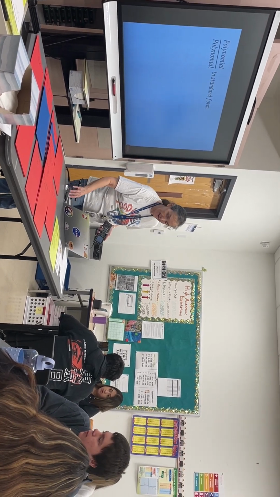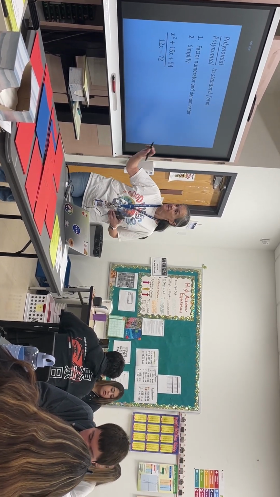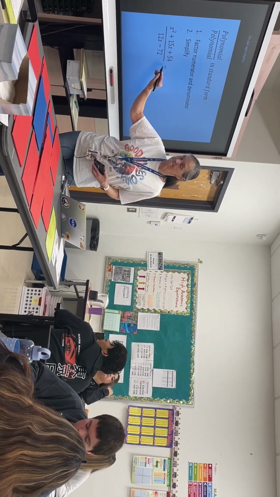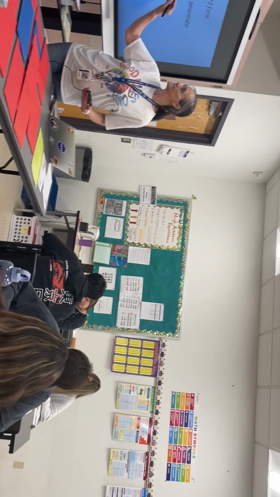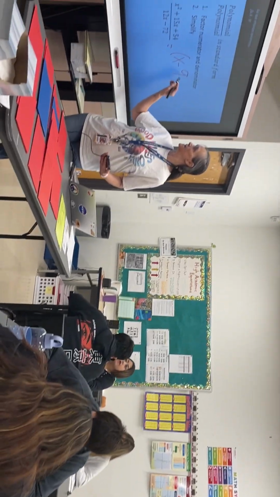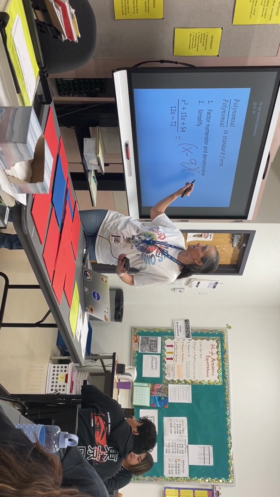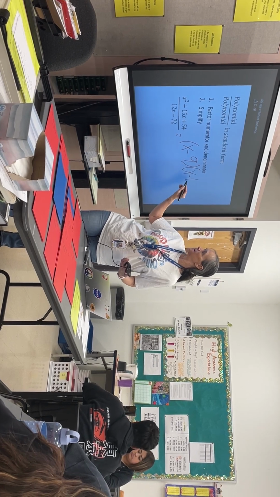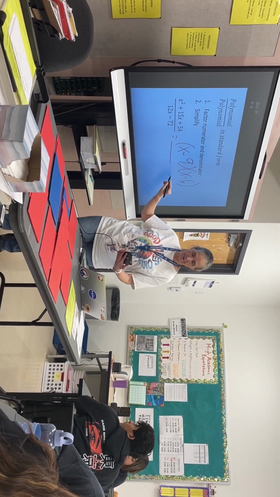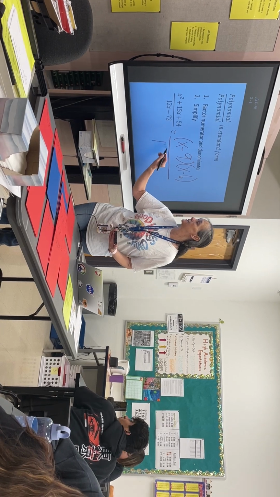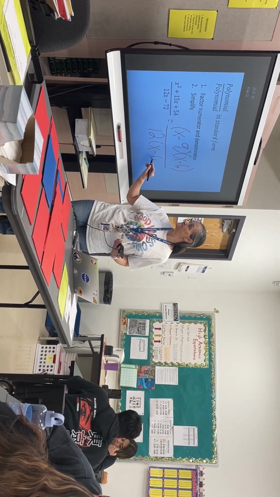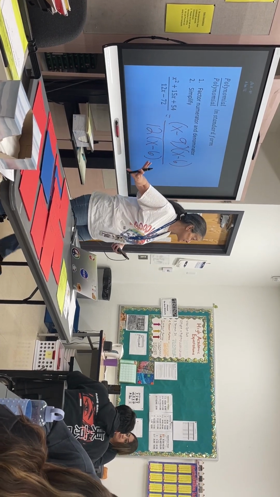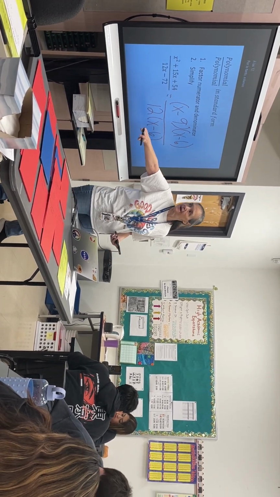So then what we'll have is x minus 9 times x minus 6 divided by 12 times x minus 6. So we are fully factored out, top and bottom.